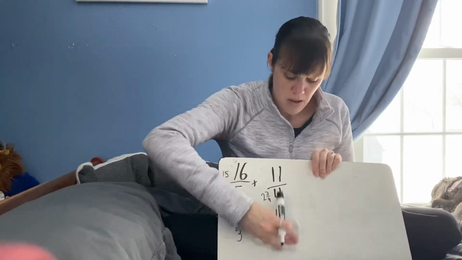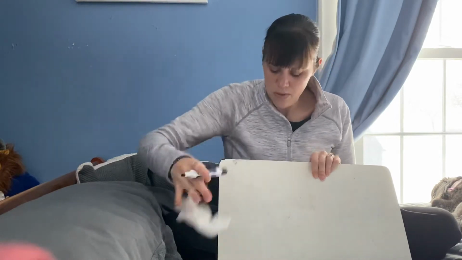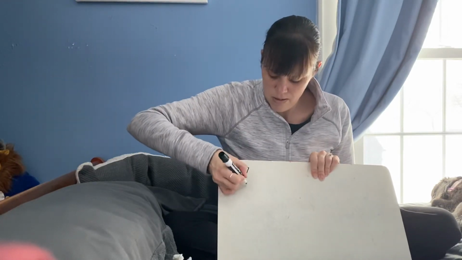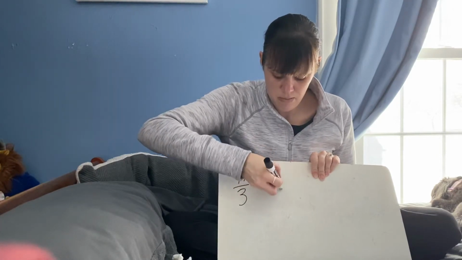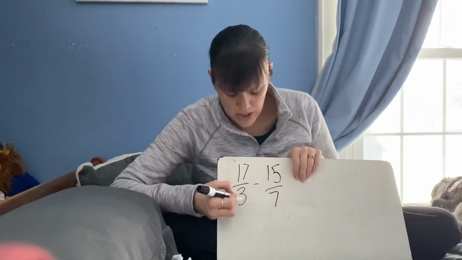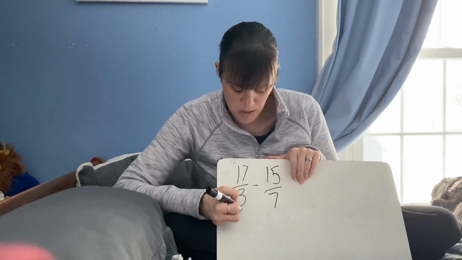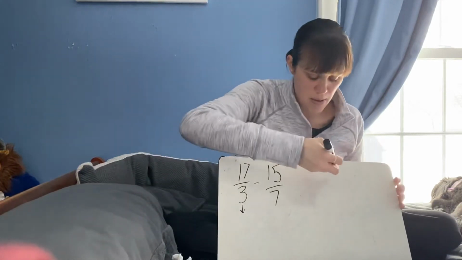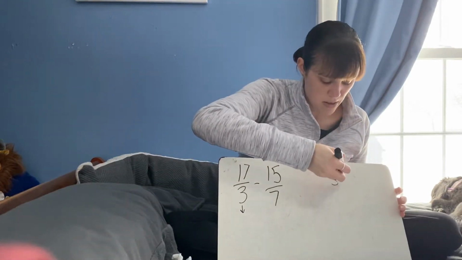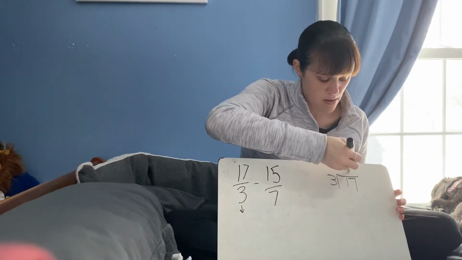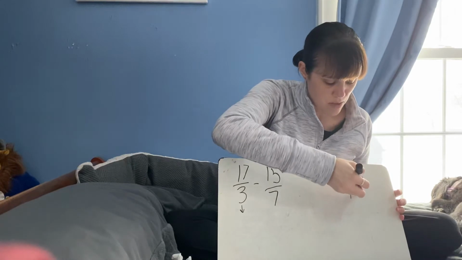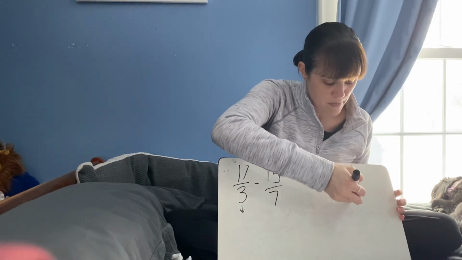So if you can do it in your head, okay, but, you know, make sure you learn the proper way too. All right, B, we have 17/3 minus 15/7. So let's change this to a mixed number. I'm going to go off to the side on this one, and I'm going to say 3 goes into 17. 5 times 3 is 15.